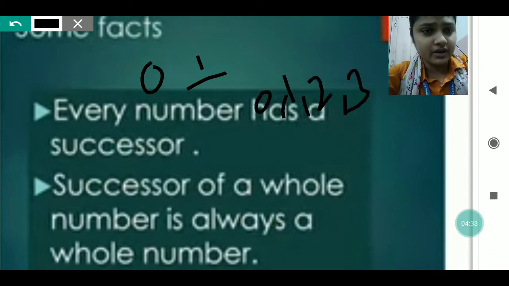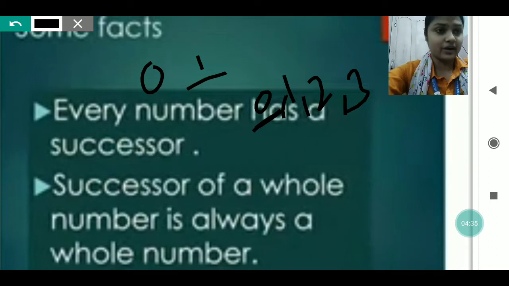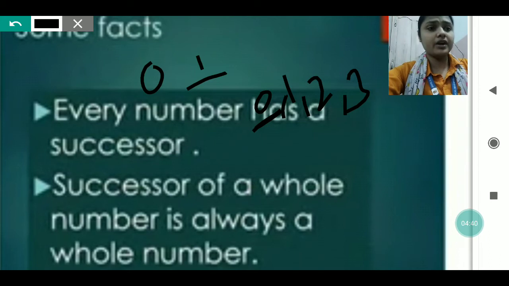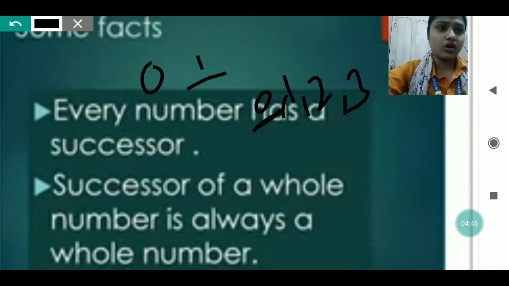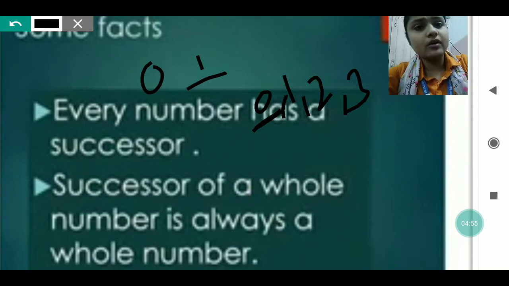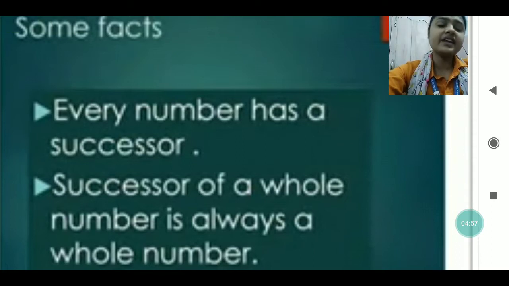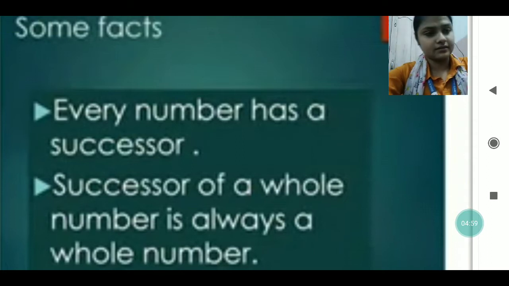If 0 comes first while counting, it is a whole number. When we start counting from 1, that is a natural number. So every whole number has a successor that is also a whole number. 0 has the successor 1, 1 has the successor 2, 2 has the successor 3, and it goes on. It means every number has a successor.